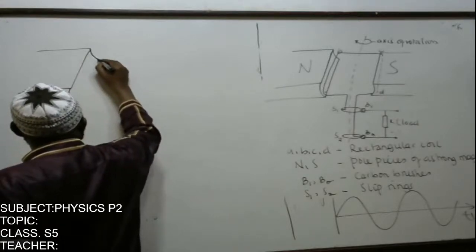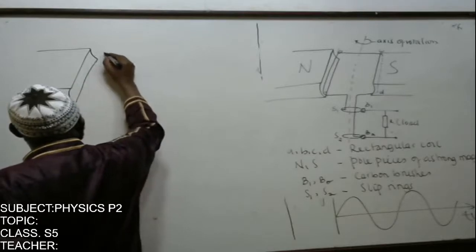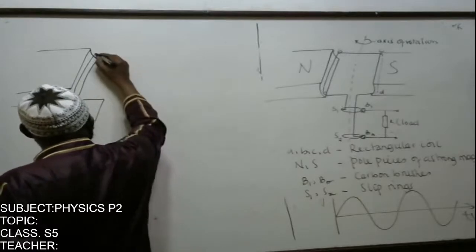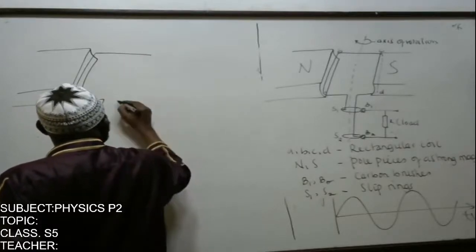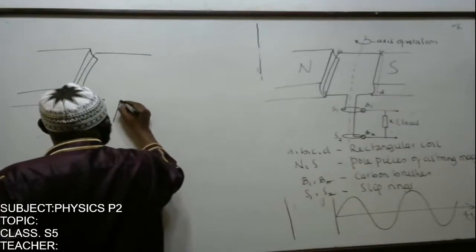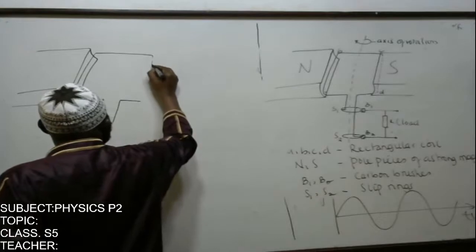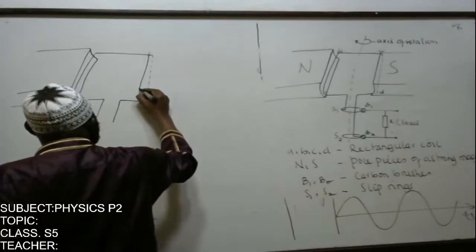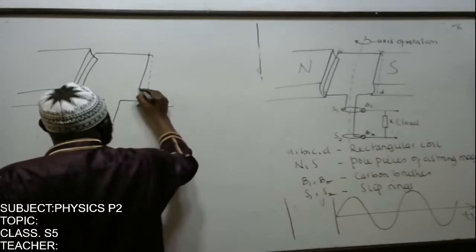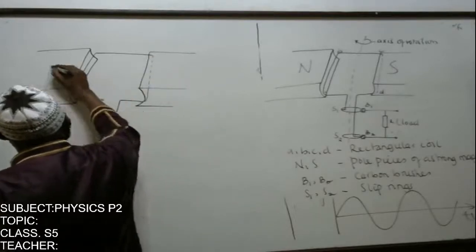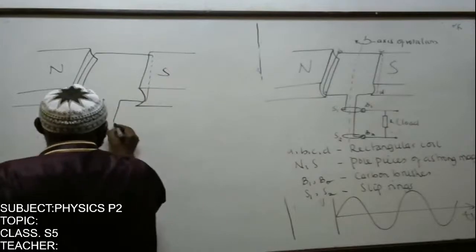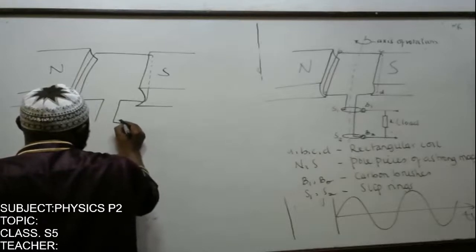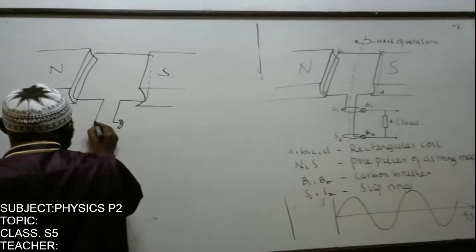This is north, south. Then we can use slip rings, split rings, or what we call commutators.